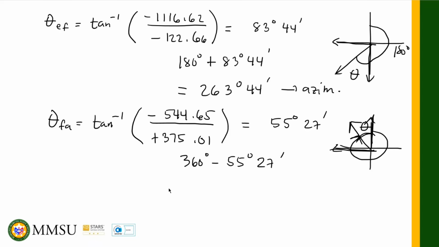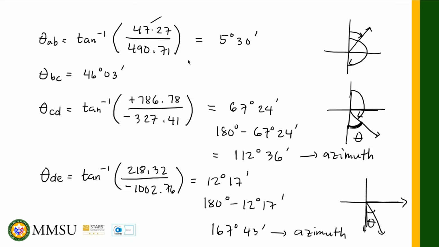We should come up with 304 degrees, 33 minutes. Ito na ngayon yung azimuth for FA. Alright? So, tapos na tayo sa mga adjusted na azimuth for each line. Nakita na natin yan, yung mga adjusted.